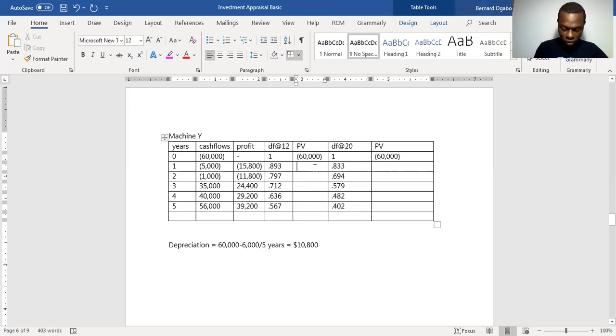So I have 0.893 multiplied by 5,000 negative.